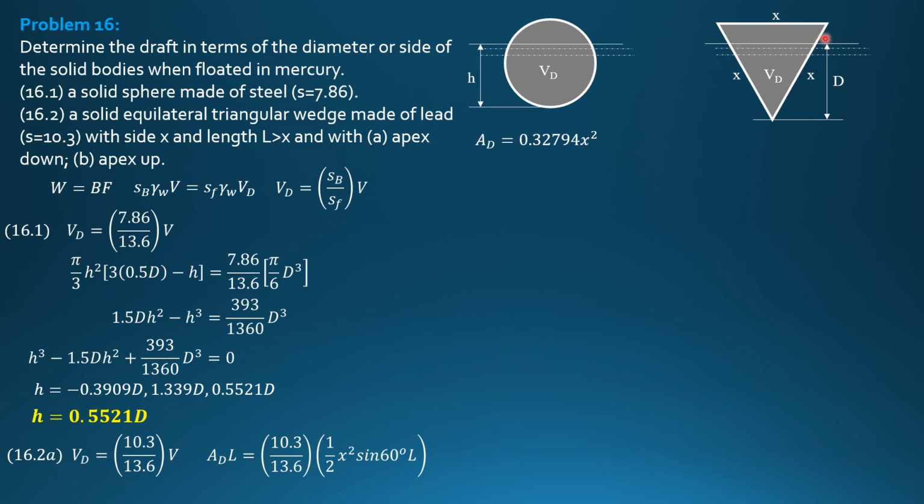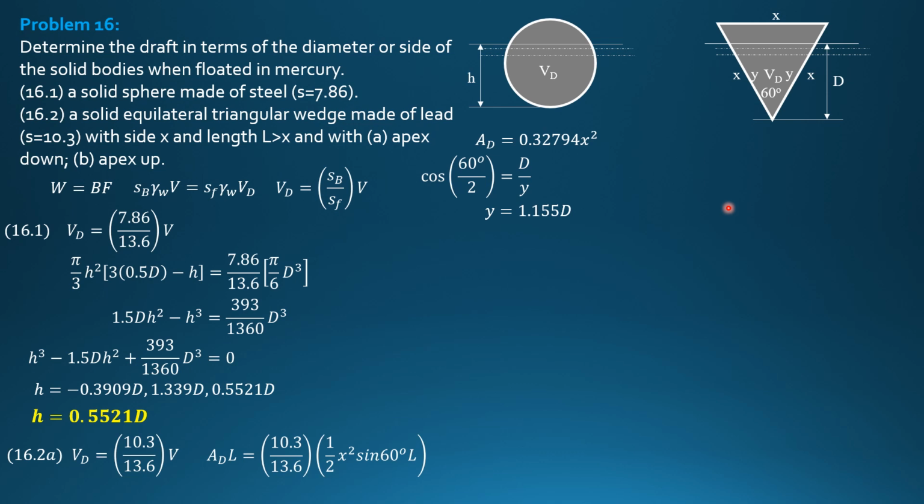Now this area displaced, if I call the dimension y, this will be y, because this is an equilateral triangle and this is 60 degrees. The area of a triangle is 1/2 the product of adjacent sides times sine of the included angle. So area displaced is 1/2 y squared sine of 60. Since cosine of 60 degrees over 2 is d over y, d over hypotenuse y, y is 1.155 of d.